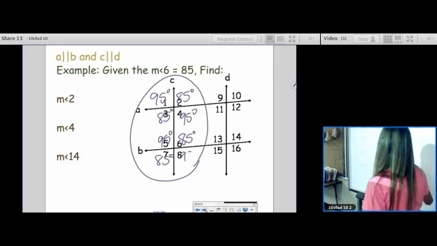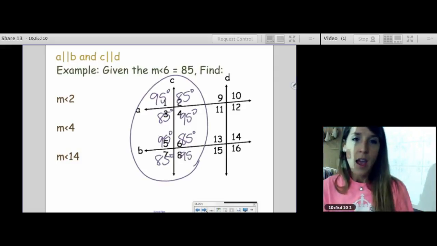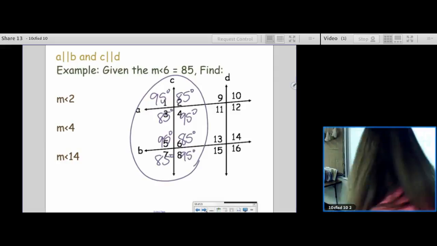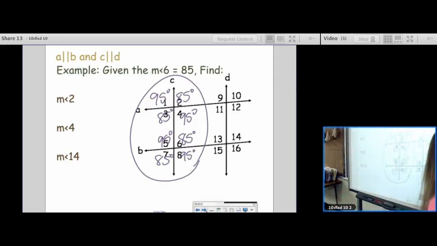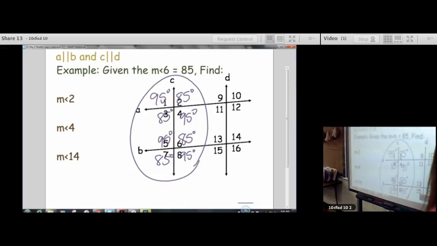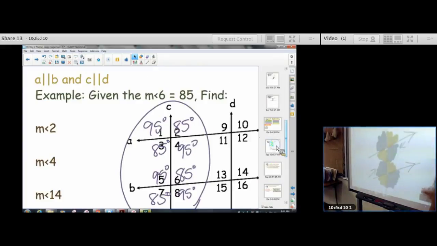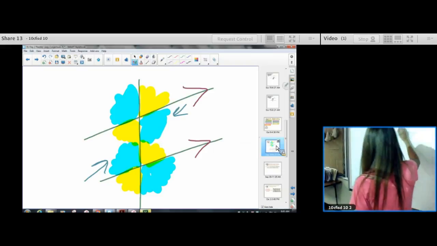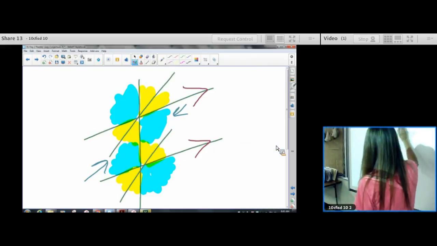Now what's cool is that if our lines are parallel, it's going to follow the same pattern as the picture did, right here. You see how along a diagonal, everything is the same color?